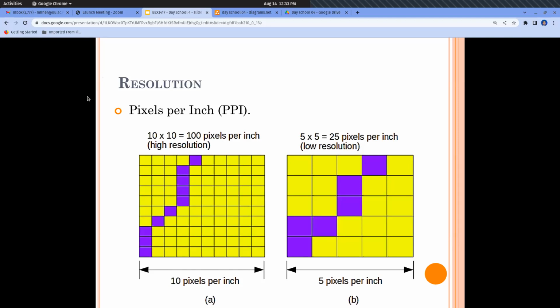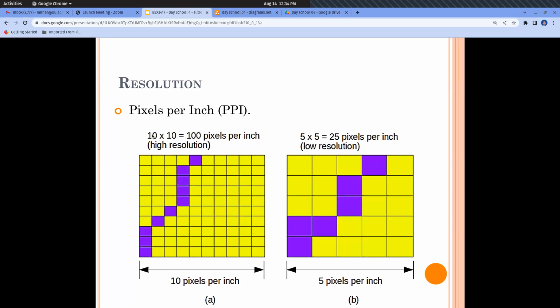Now, in a screen there are lots of pixels. A pixel is one point with red, green, blue included color point. This resolution is how many pixels per inch.